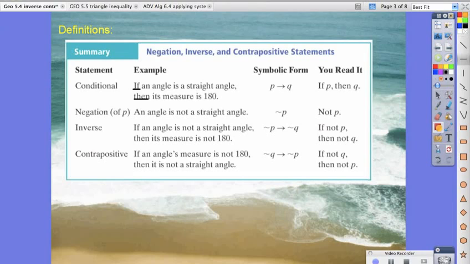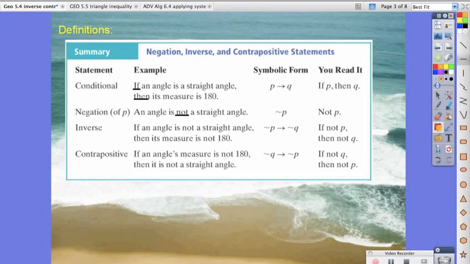The negation is based off of this conditional statement. Negation just means we're going to take the statement and negate it, make it the negative, or make it the opposite. The easiest way to do that is to throw in the word not. So an angle is not a straight angle is the negation of an angle is a straight angle.